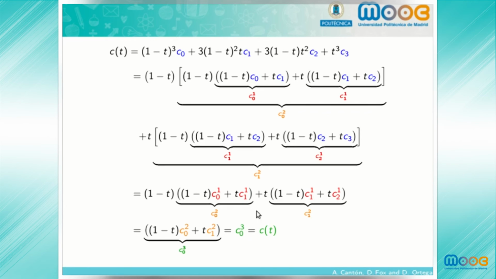When we substitute this expression by this point and this expression by this point, we obtain this expression. And now, this point here is a point on the line segment joining C02, C12 at ratio t, 1 minus t, which is the last point of the Casteljau algorithm. The last point of the Casteljau algorithm is a point on the curve.